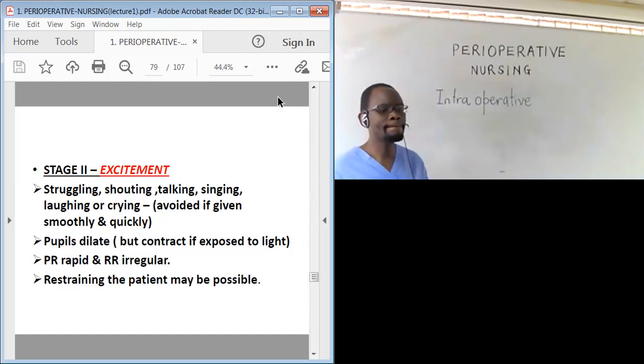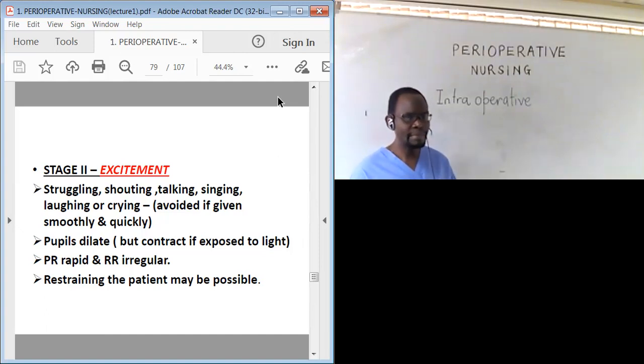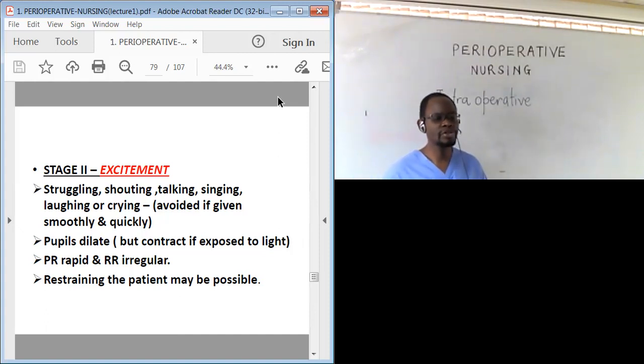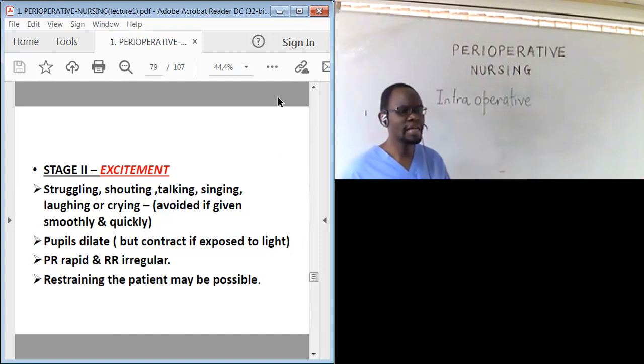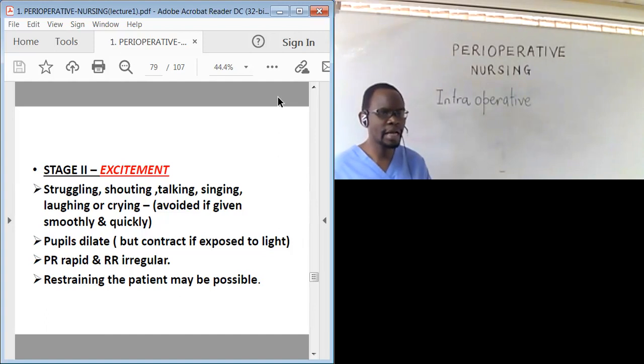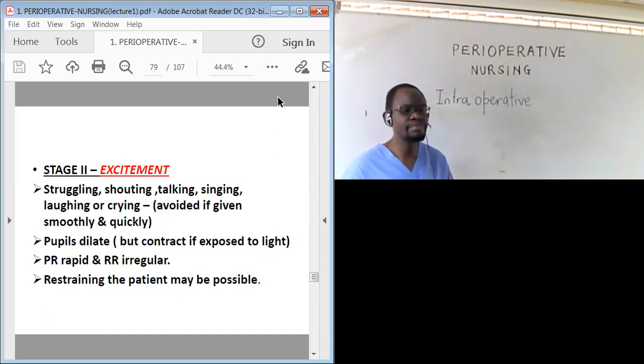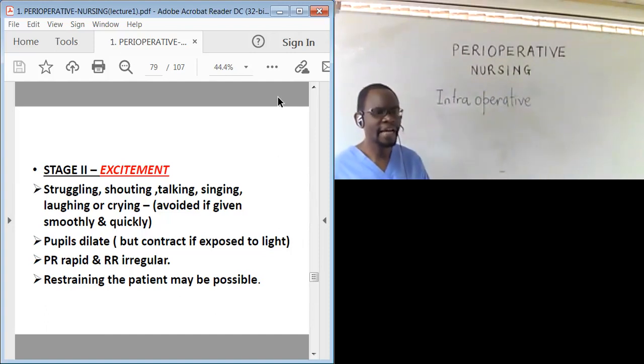Here the pupils dilate, but may also contract if exposed to light. The pulse rate is rapid, the respiratory rate is usually irregular, and the patient might need to be restrained if need be, because that is a stage of excitement.